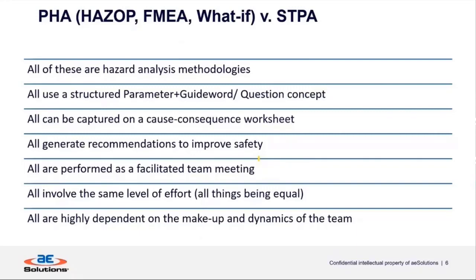One of the other claims of STPA and STAMP was it would be faster, it's less costly, and it does a better job. And I think some of the claims that you'll see if you do some research and some background, you go back a couple of years, I think those have kind of been backed off a little bit. Really, there's no free lunch in process safety. And in fact, it's worse than that.